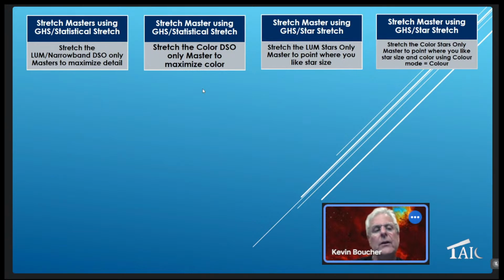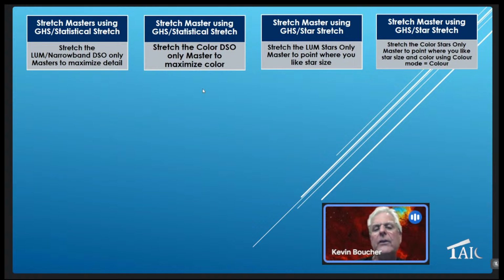results with GHS. So I like to stretch the luminance in the narrowband DSO only, so without the stars in it, the DSO only masters, to maximize the detail. In the case of GHS, I may do 5, 6 stretches in order to get some of that dimmest stuff without blowing out the brighter stuff.